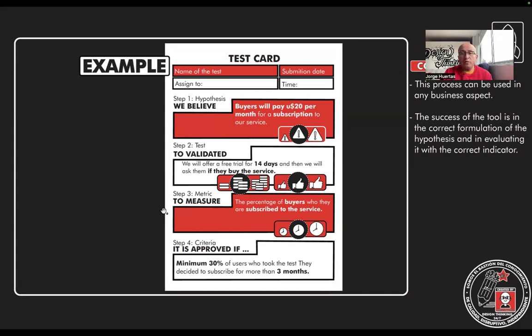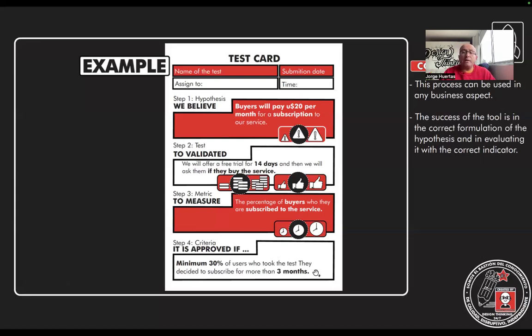How am I going to measure this? The metric to measure is the percent of buyers who are going to subscribe to the service. The criteria: a minimum of 30% of the users who took the test decide to subscribe for at least 3 months.